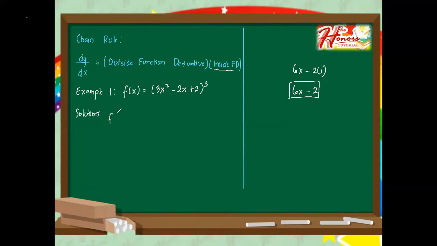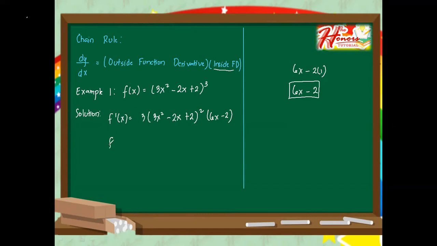So we will be writing f prime of x is equal to 3 times the quantity of 3x squared minus 2x plus 2 raised to 2. Okay? Times your inside function derivative, that is the quantity of 6x minus 2.